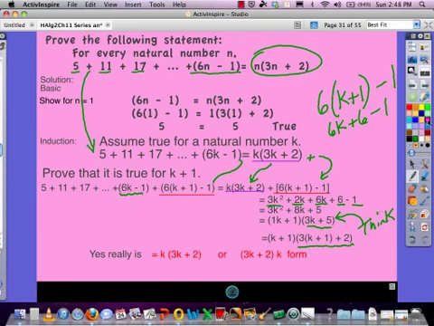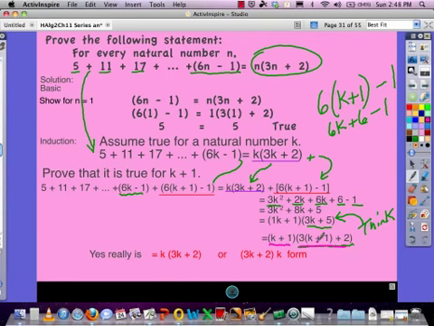So this is the k, but now it's k plus 1. This is the 3k plus 2 term, but now it's k plus 1. So it's showing us, yes, really, that k times a quantity, 3k plus 2, is really in that form, which is why it works, and we have just proved it.